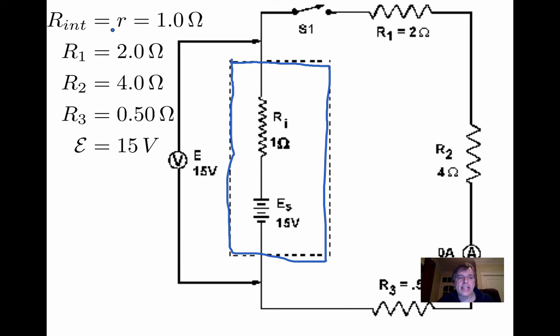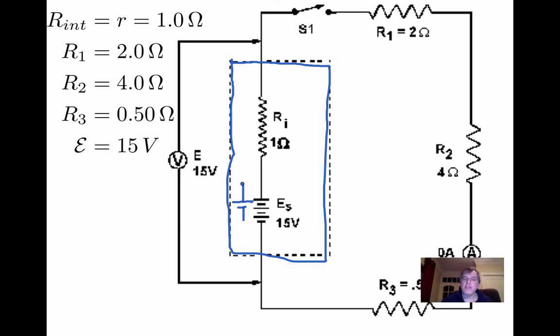So the internal resistance, little r, is 1 ohm. R1, R2, R3, they're all connected in series. They're given here, 2, 4, and 0.5 ohms. And the EMF of the ideal battery is 15 volts. Okay, you might not recognize the symbol here, but that's just the same as having a long side here and a short side here like this.